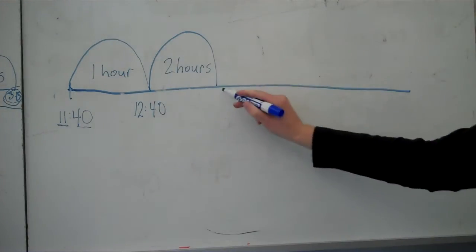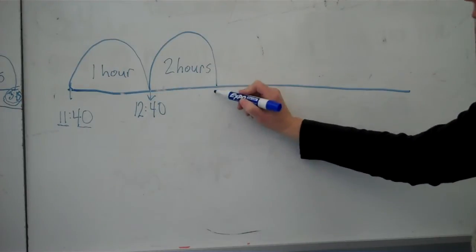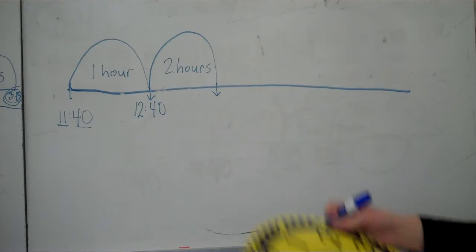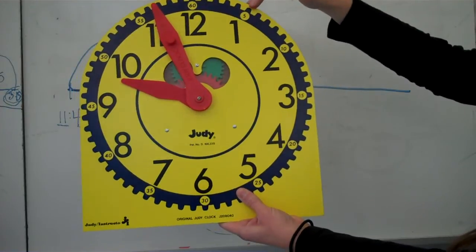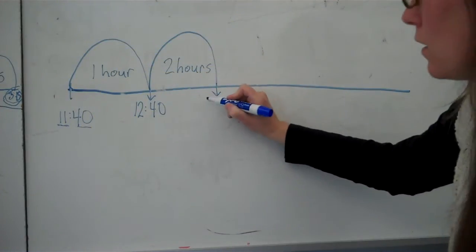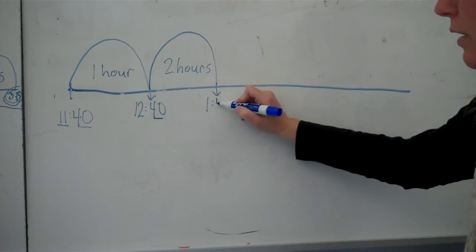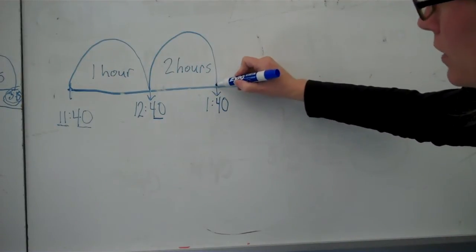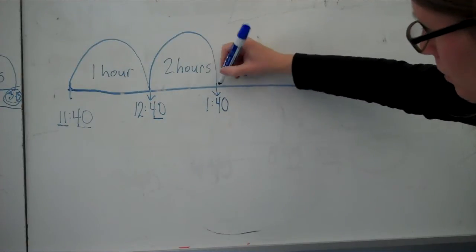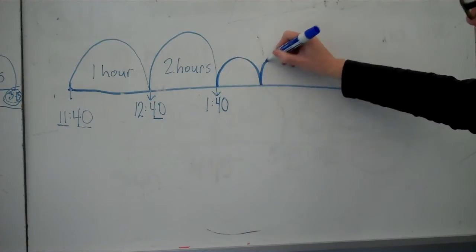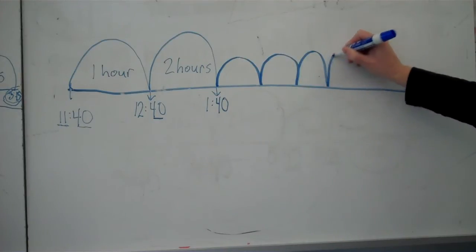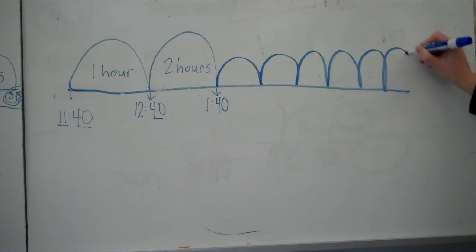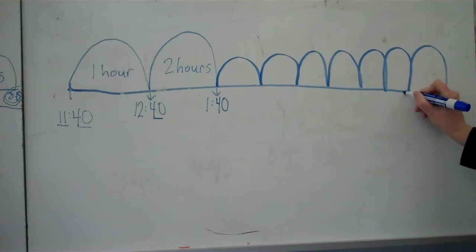Okay, I have to go another hour. So after 12 on the clock, the hour is 1. My minutes don't change. Okay, so I've hopped my 2 hours. Now I need to hop my 35 minutes. So I'm going to count out 35 minutes by 5s. 5, 10, 15, 20, 25, 30, 35.